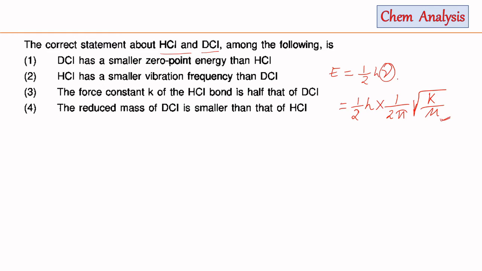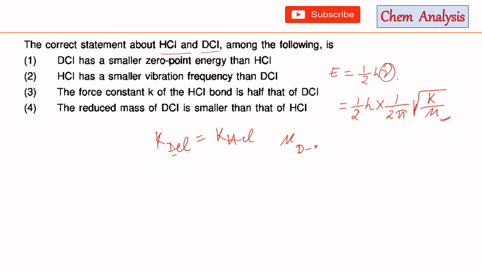Now between DCl and HCl, the force constants are similar, since there is not so much electronegativity difference between deuterium and hydrogen. But the reduced mass for DCl is greater than that of HCl.